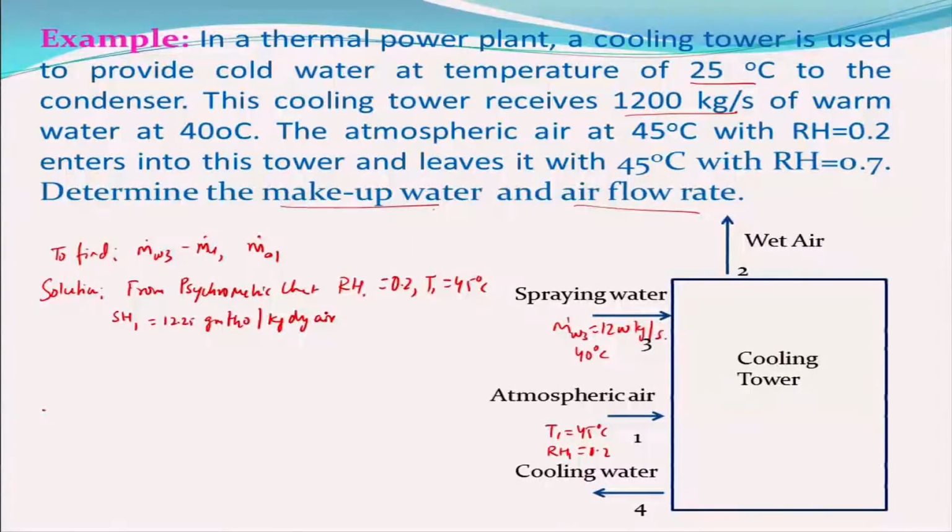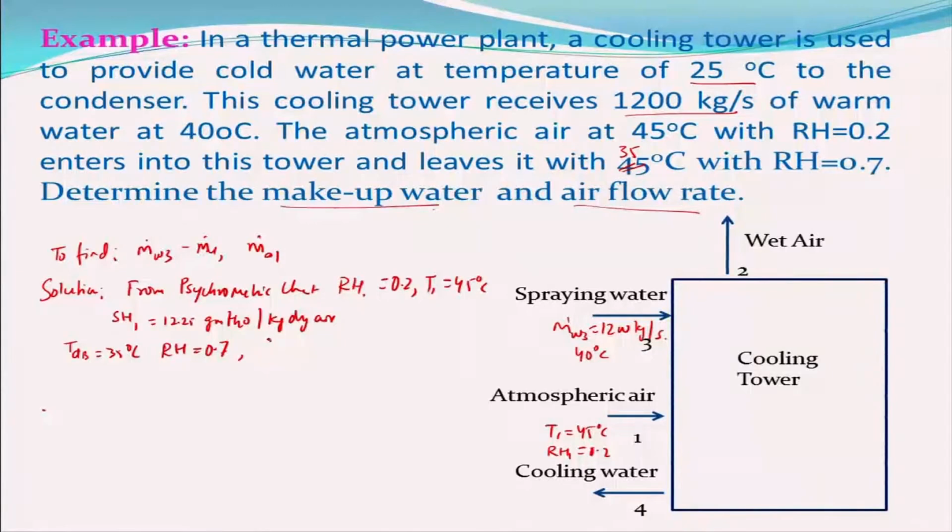We can also get from the same psychrometric chart the TDB, that is dry bulb temperature, 35, this would be 35 degrees Celsius. This is not 45, this is 35 degrees Celsius, and RH is equal to 0.7.